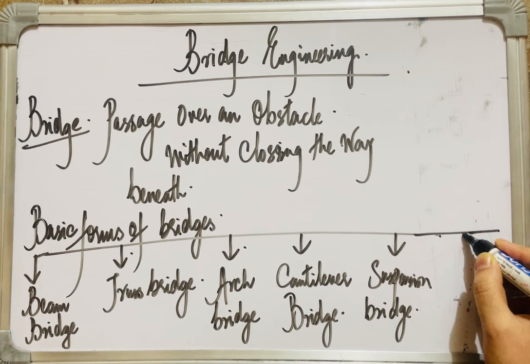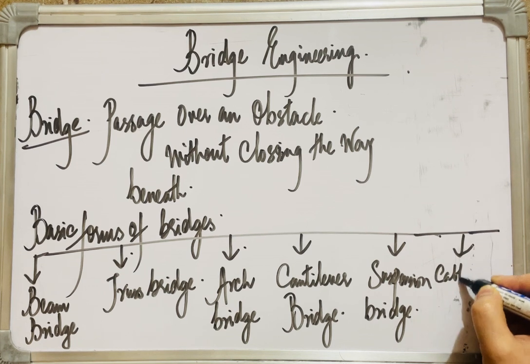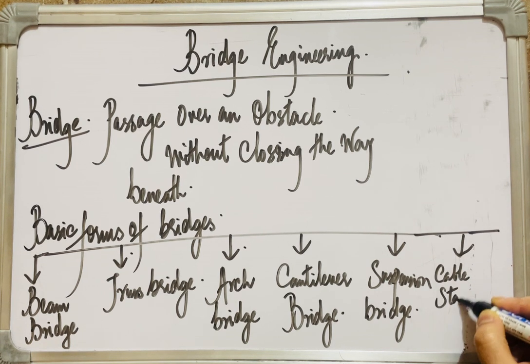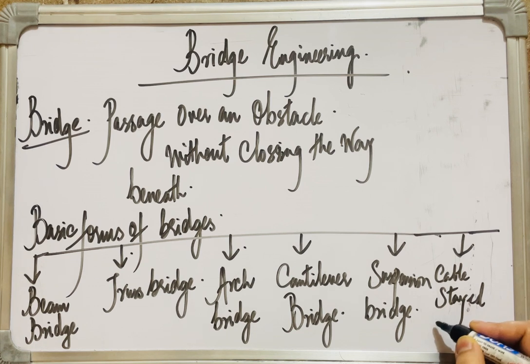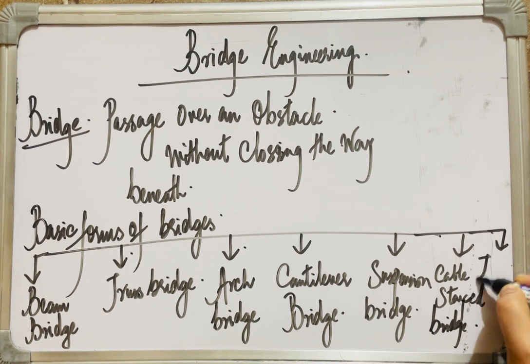Cable stayed bridge. And the last basic form is a tied arch bridge.